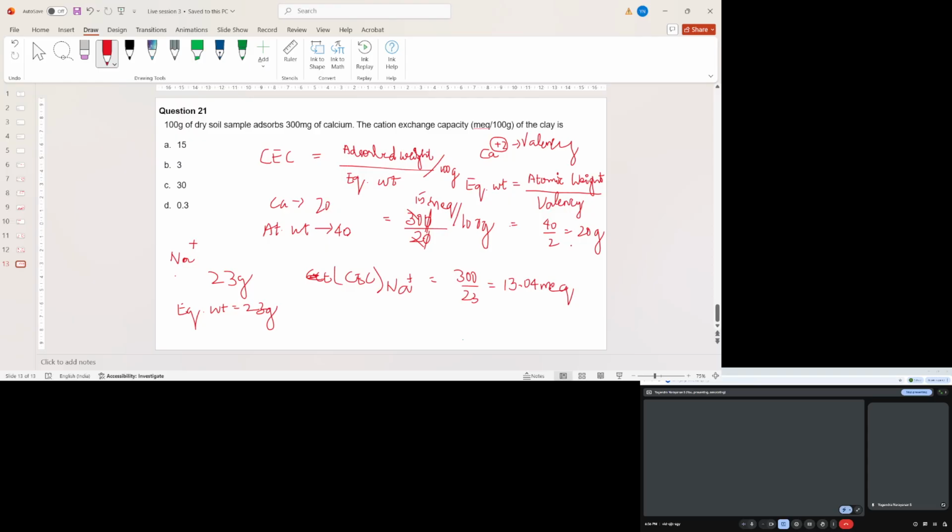Now we can see that once the valency starts to decrease, the cation exchange capacity is decreasing. So this 20 is greater than 13.04, right? So that is how valency plays an important role.